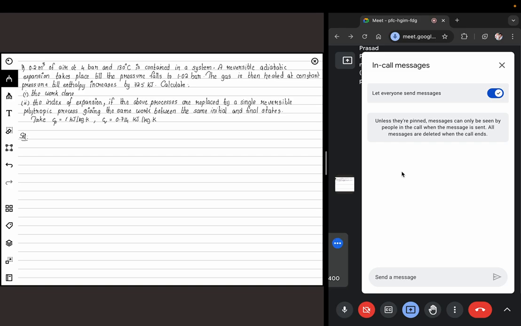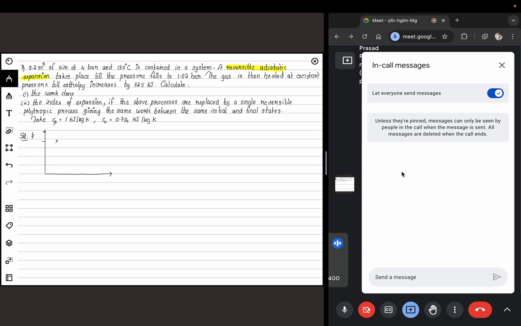It is often helpful when you draw it in some kind of a PV chart to understand these processes. So if I were to draw it on a PV plot, initially you were at a certain pressure, 4 bar, and the final pressure is 1.02 bar. So let's say this is my P. It says that it is a reversible adiabatic expansion, so volume will increase.